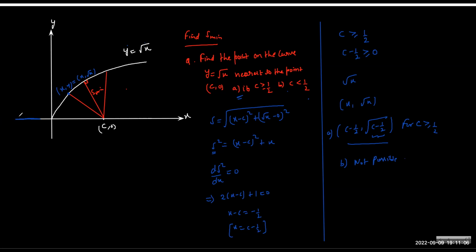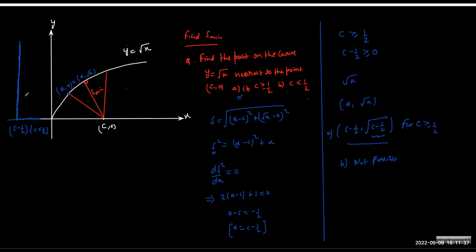So if I choose any value here, let's say c is less than 1 by 2, so this is a negative number. So this is when c is less than 1 by 2. So from this point, I have no y coordinate which is a part of the graph. So any value on this line cannot lie on the graph, isn't it? Yes, sir.